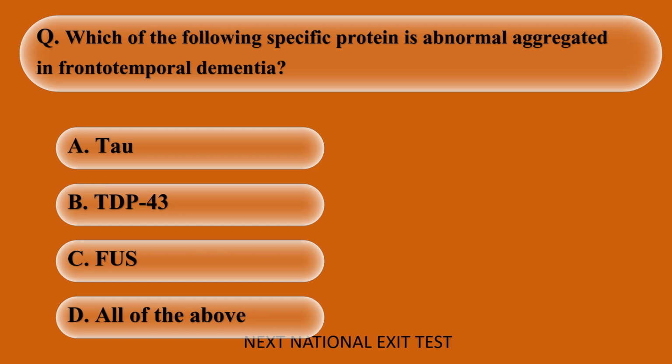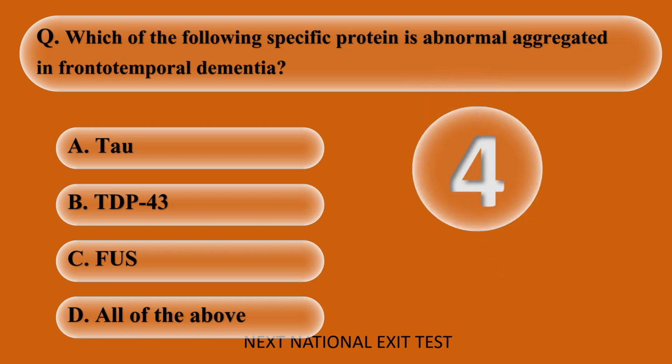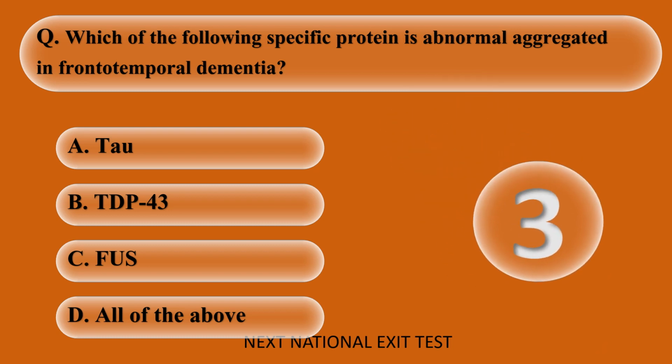There will be difficulty in finding words, that is anomia, difficulty in understanding language, that is receptive aphasia, and difficulty forming coherent sentences, that is expressive aphasia. So the correct option here is tau, TDP43, and FUS, so all of the above is the correct answer. The correct answer is D, all of the above.